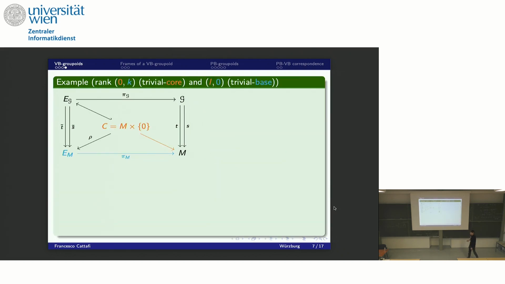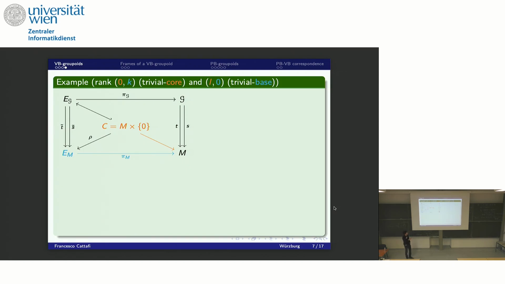Another nice particular kind of VB-groupoid I want to mention are those which are sometimes called trivial core or trivial base. Trivial can be a bit misleading. Actually, I don't mean trivial as in trivial vector bundle, but just that the core will have rank 0.